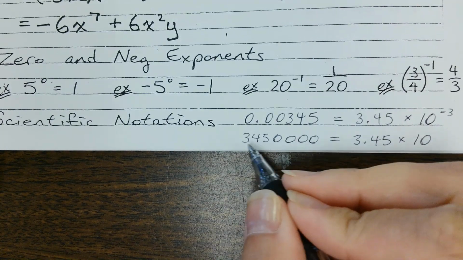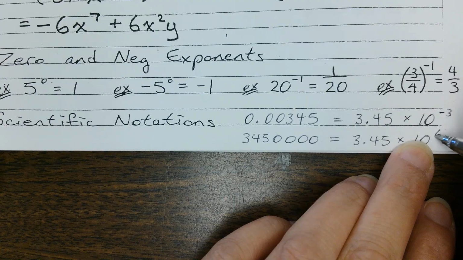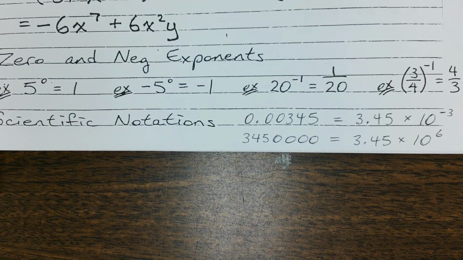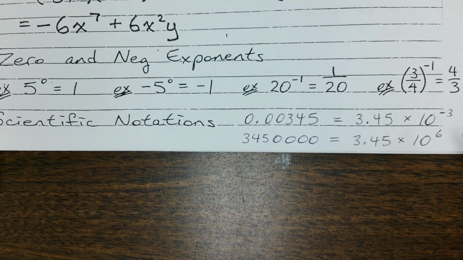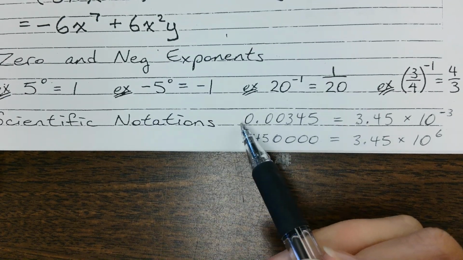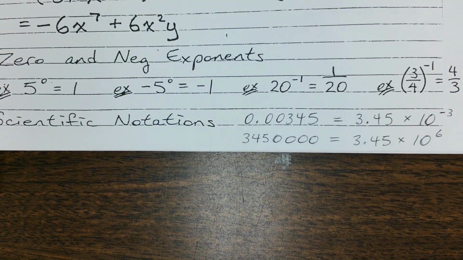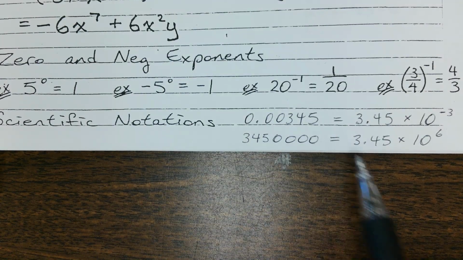Count the power: 1, 2, 3, 4, 5, 6. You're right, it's 6. Remember, with a negative exponent, you get that really small number. With a positive exponent, you get that really big number, because you're moving the decimal place to the right.